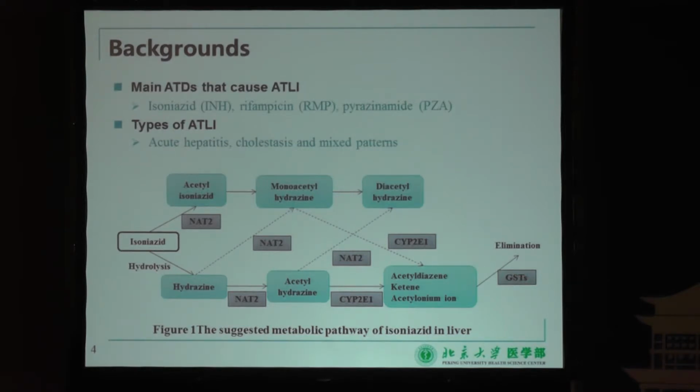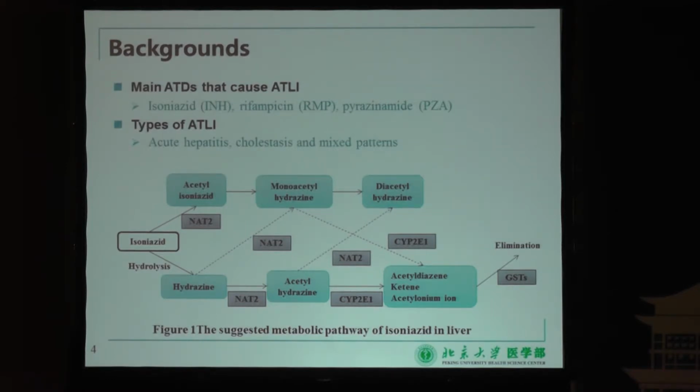And the mechanism of ATD-induced liver injury is believed to be the accumulation of toxic intermediates from its metabolism. This figure shows the metabolic pathway of isoniazid in the liver. In the hepatocyte, INH is first acetylated into acetylisoniazid via NAT, and then hydrolyzed into acetylhydrazine.